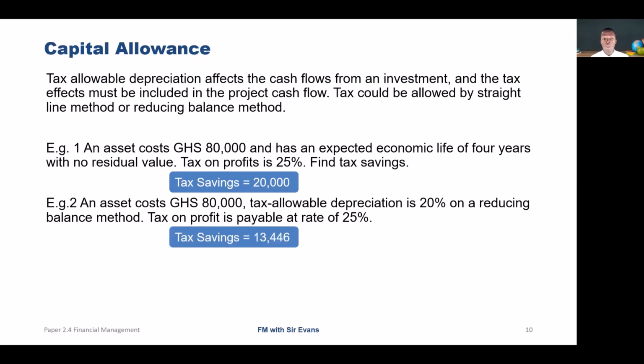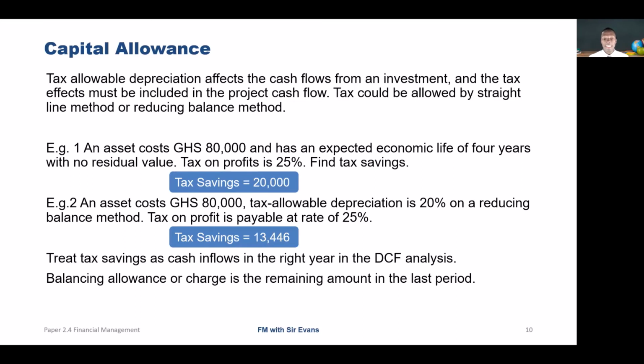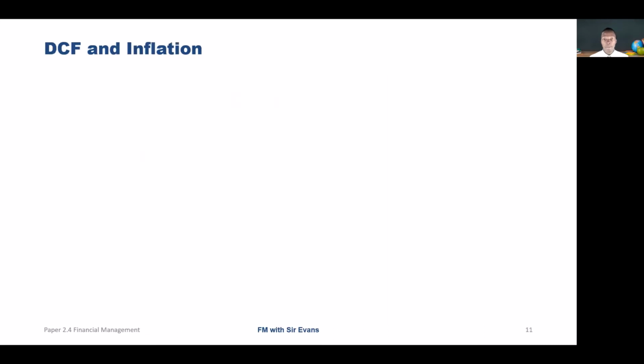When you do that, you find that the tax savings is 13,446 for the whole 4 years. The tax savings are treated as cash inflows in the appropriate year in the discounting factor analysis, either in the same year that the allowance is claimed or 1 year in advance. And there is a balancing allowance or charge, which is the remaining amount in the last period.